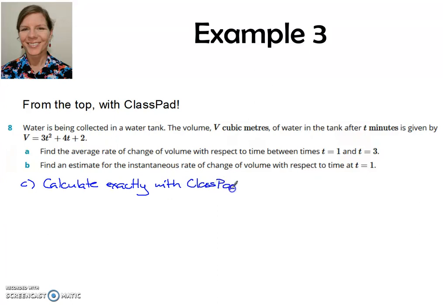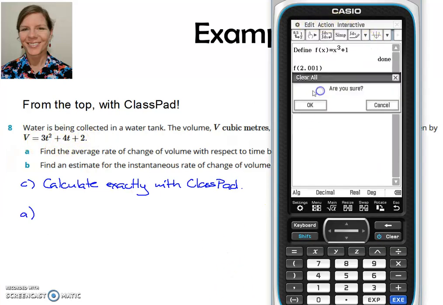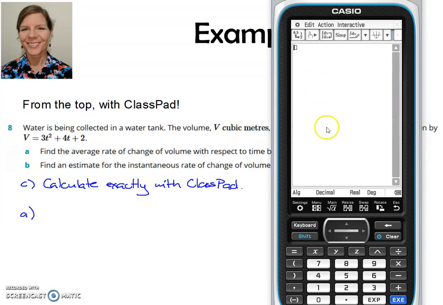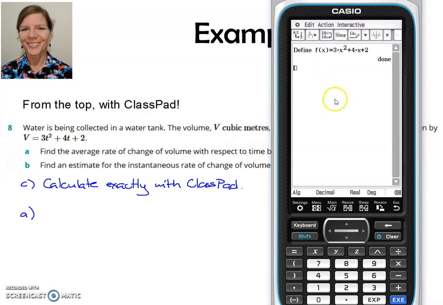Alright, so let's start with part A, and we're going to do what we did before where we define that function. So let's just clear all this. Okay, so we've got 3x squared plus 4x plus 2, and we're going to define that. That's f(x), that's all good.